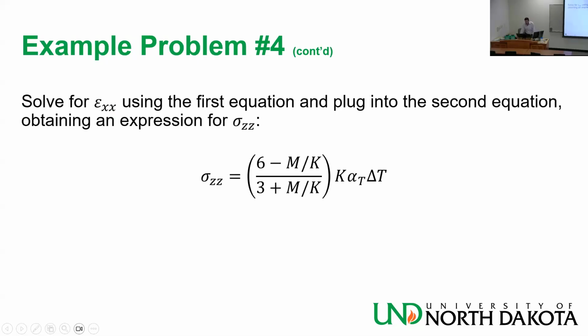So this problem was basically a hypothetical plane stress problem. Have a material, it's a continuum. It's in this sort of bucket, let's call it.